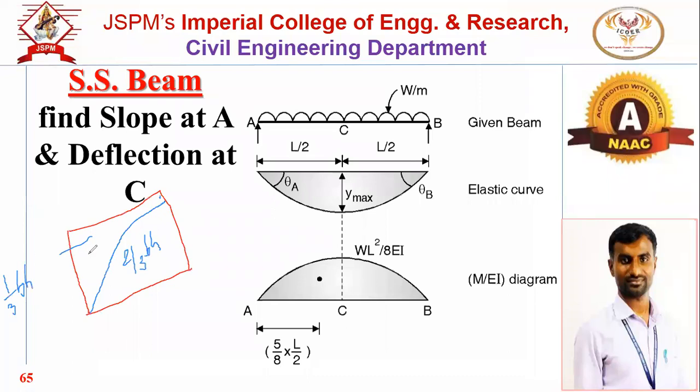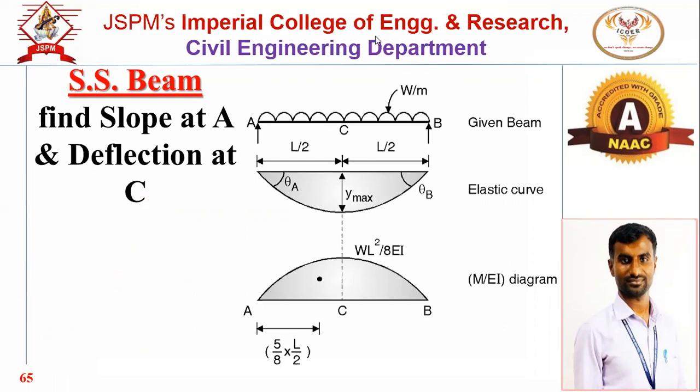If you add these two together, we get the rectangle, since 1/3 plus 2/3 is 1, and b into h is the area of the rectangle. So this parabolic curve area will be 2/3 b into h. And the CG will be somewhere here, at a distance of 5/8 L, and the remaining distance will be 3/8 L.